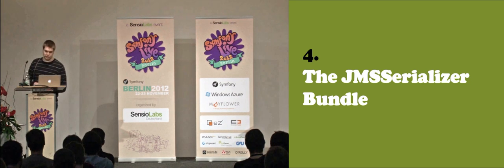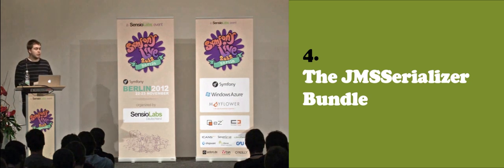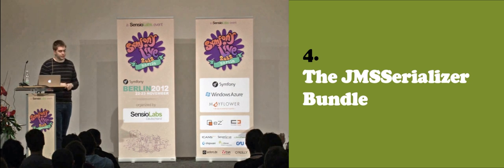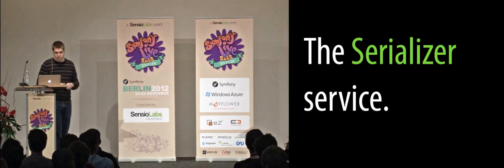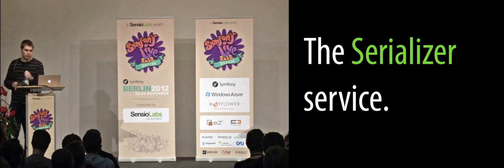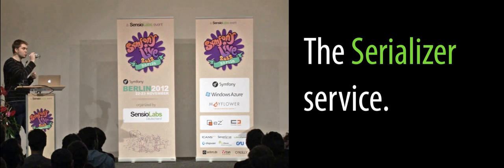So this is quite complete. You have lots of built-in features, and it supports the normalization of very complex graphs. This bundle you can install with Composer. It provides a serializer service in Symfony.